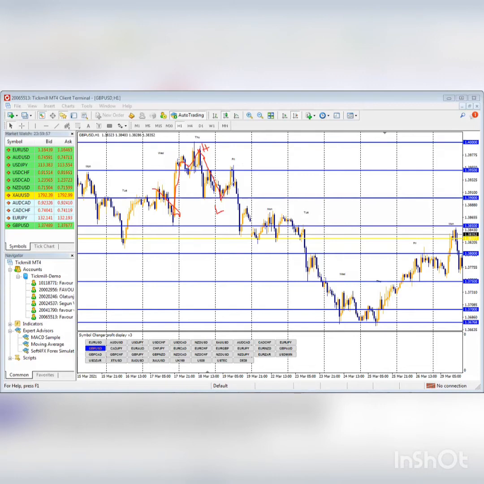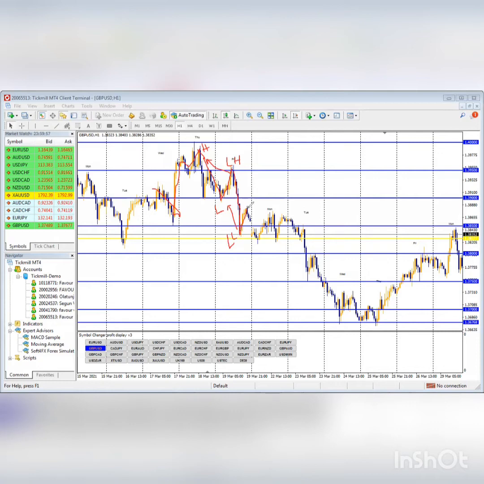Then it came back and gave us another high, but this time this high is lower than this high, so we have a lower high. Then it came down and gave us another low, but this time the new low is lower than the previous low, so we have a lower low. That's LL.